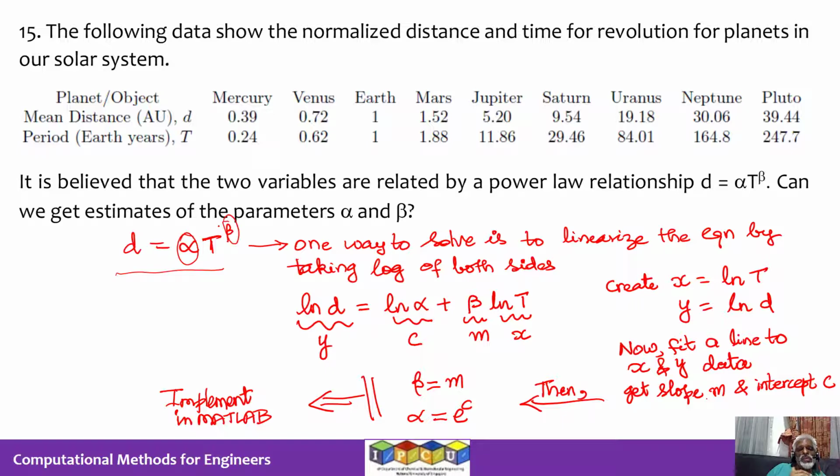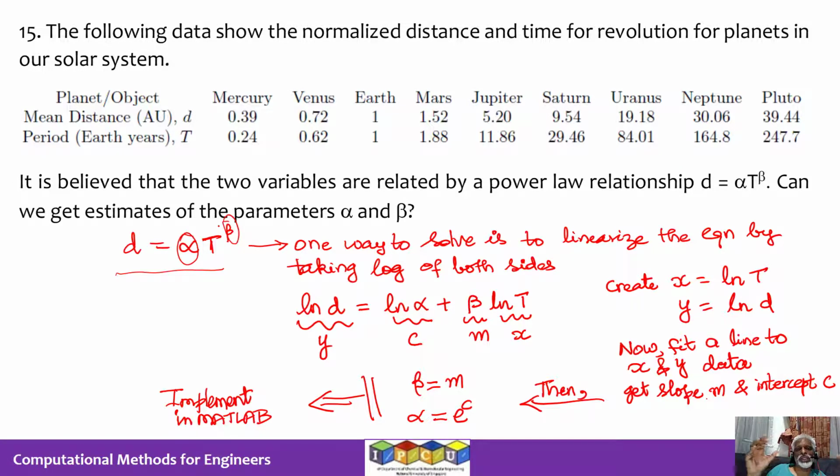That means in this case we will take the natural logarithm on both sides. So the left side becomes ln of d. If you take the ln of alpha t to the power of beta, you will get, using the properties of logarithms, that log of xy is equal to log x plus log y.